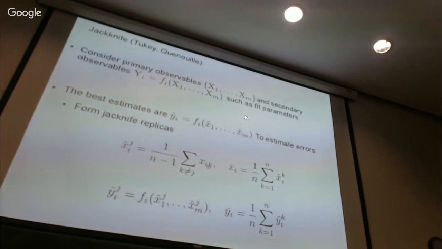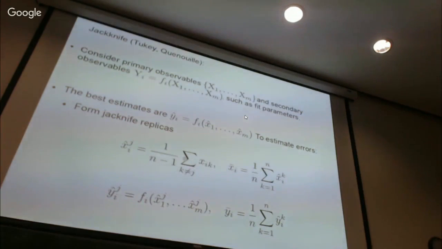And the second index, k, is the index that goes from 1 to n, which is over the measurements of that particular primary observable. So you can see here that I'm concerned with primary observable i, but if I want to form the jth Jackknife replica of this primary observable, I take the average over all of the original data sets, excluding the jth one, right?